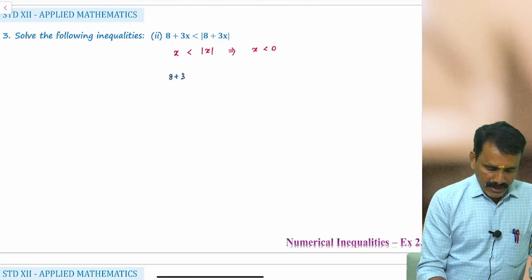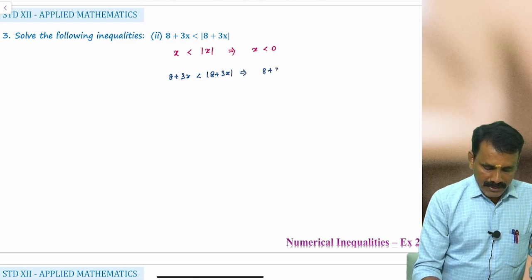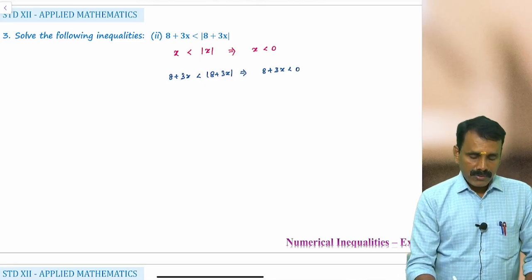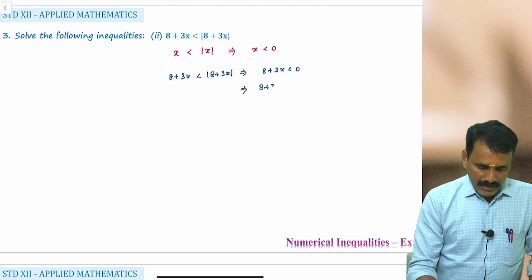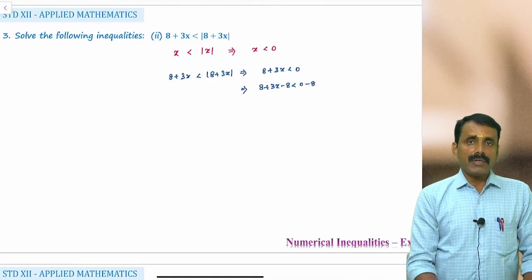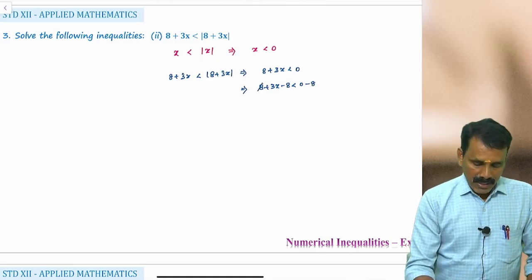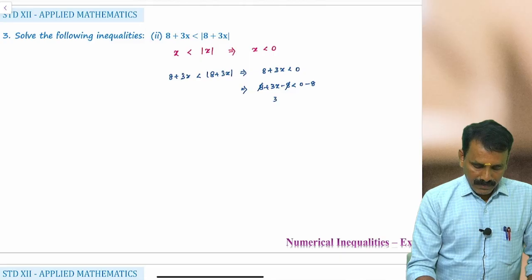So, we apply this formula here. 8 plus 3x less than modulus of 8 plus 3x implies 8 plus 3x is strictly less than 0. So, we try to get the value for x. 8 plus 3x minus 8 less than 0 minus 8. We add the additive inverse of plus 8. So, 8 minus 8 cancel.